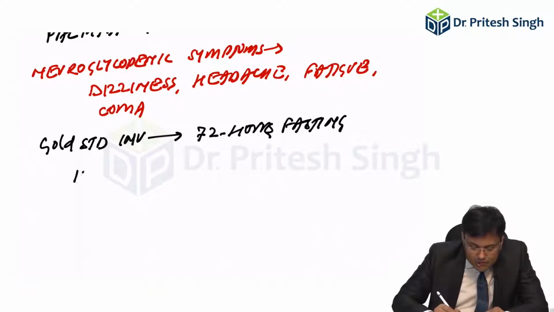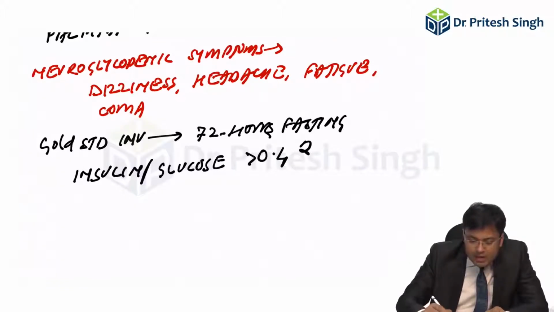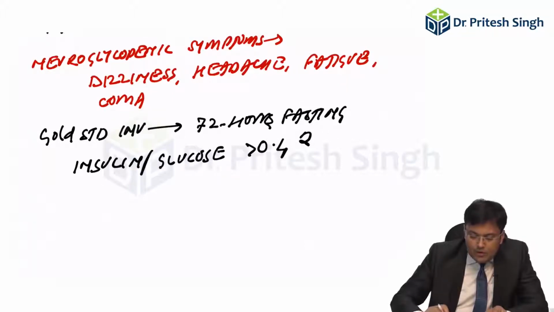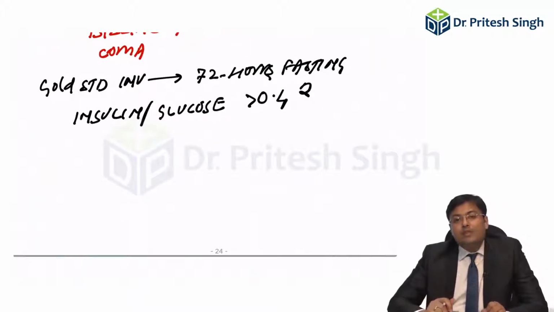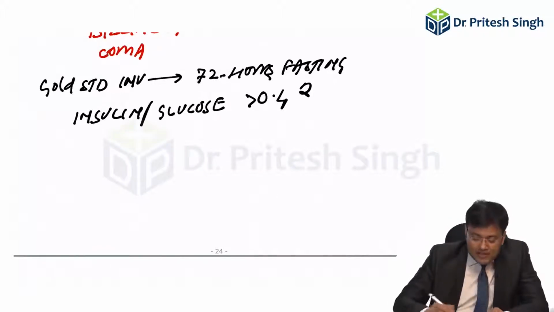Whenever ratio of insulin to the glucose is more than 0.4, it is diagnostic. Stop the test. So we usually stop the test when insulin to glucose ratio is more than 0.4. After that, investigation for localization.